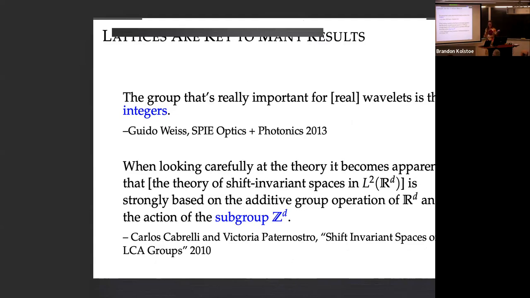And Carlos and Vicky said in their paper Shift Invariant Spaces on LCA Groups in 2010 that when it comes to the theory of shift invariant spaces, the really important thing is the action of this subgroup Z^d. So lattices are key to a lot of what we do.